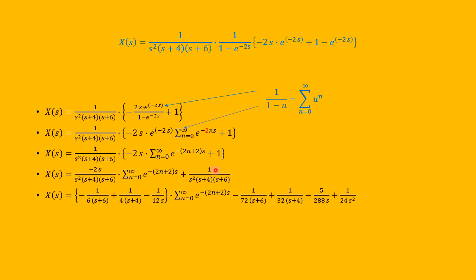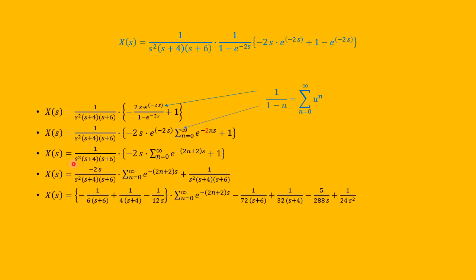Now, to get any further, we're going to need to use partial fractions, because we know how to, in many cases, find the inverse transformation of an exponential times a fairly simple fraction in s, a rational function of s.